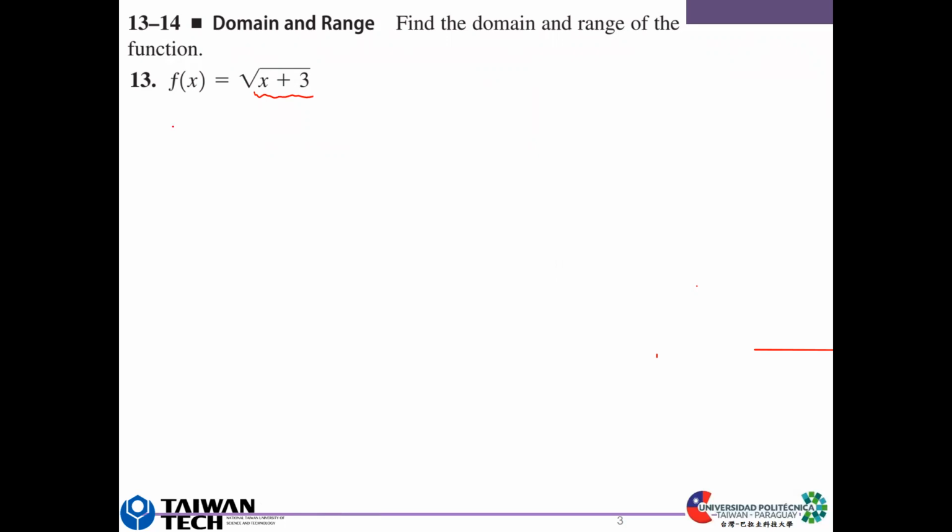To determine the domain, we look at x, and because it's inside the square root, we need x plus 3 greater or equal to 0, which means x greater or equal to minus 3.